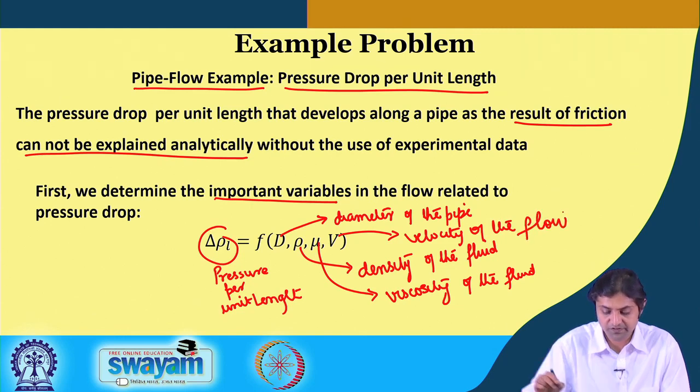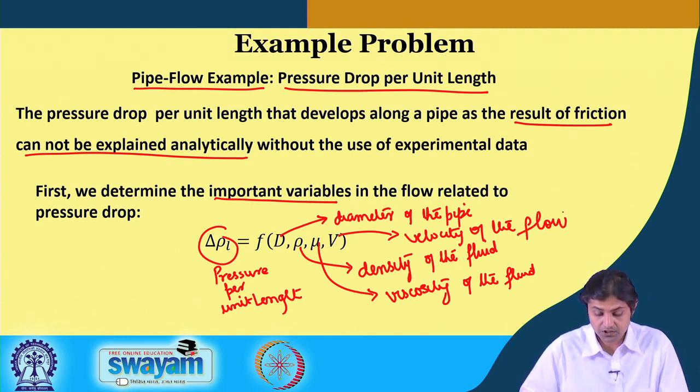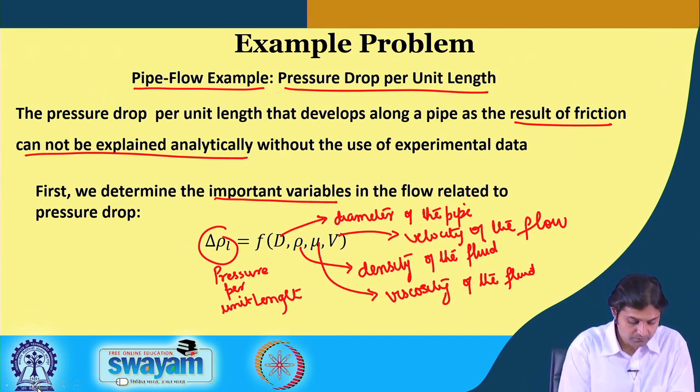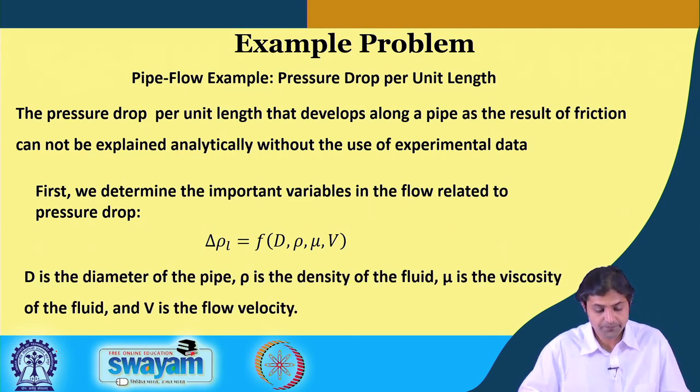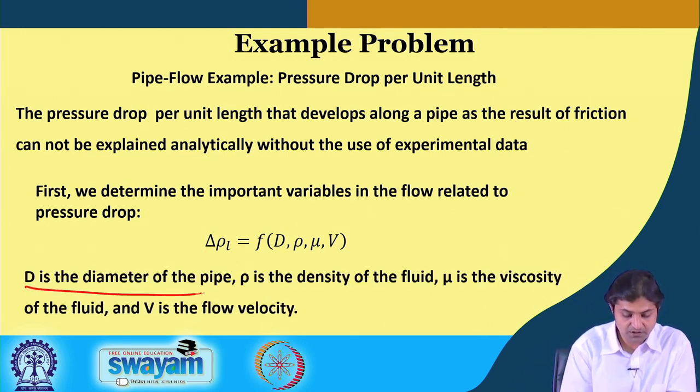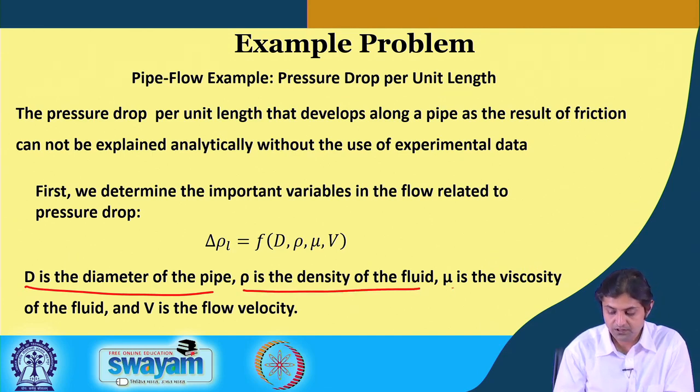This is the most simplified assumption. So, the pressure drop per unit length should depend upon the diameter of the pipe. It should also depend upon the density of the liquid or fluid. It should also depend upon the viscosity of the liquid or fluid, and also the velocity of the flow. These are some things that come to our mind. As I told you, d is the diameter of the pipe, rho is the density of the fluid, mu is the viscosity of the fluid, and v is the flow velocity.